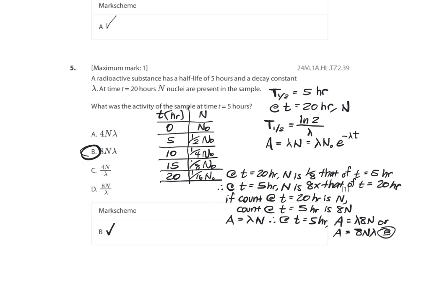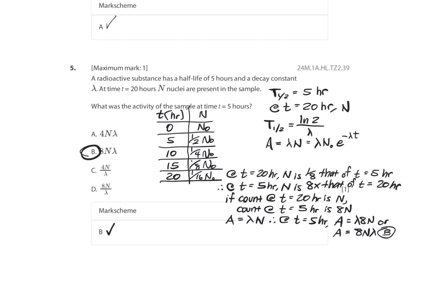Comparing 5 hours and 20 hours, 20 hours is 3 half-lives later, so it's half and half and half again. So at 20 hours, it's 1/8 what it was at 5 hours, so 5 hours is 8 times what it is at 20. At time 20, we have N nuclei, so at time 5, we have 8N.